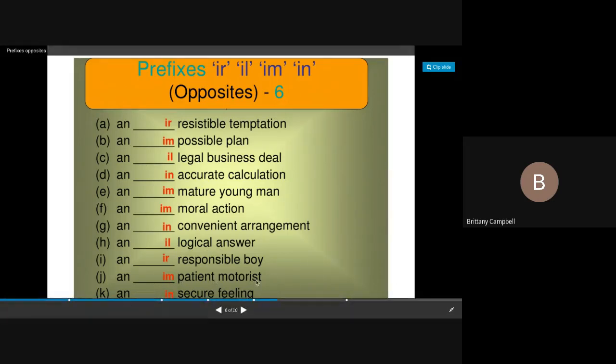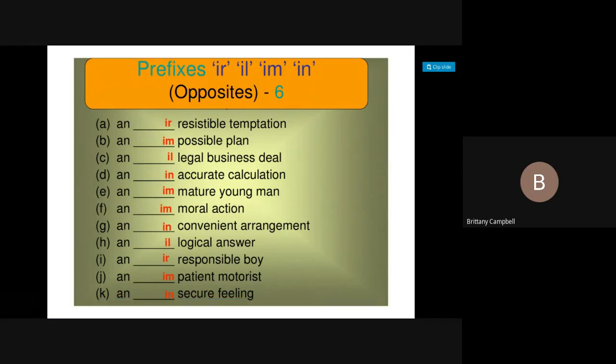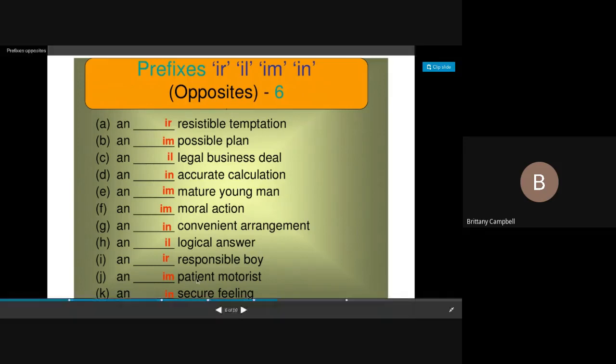Any of us have ever been called impatient? You're just too impatient? All right. Yes. So you just don't have any patience. Yes? You don't want to wait. How about insecure feeling? Insecure feeling, right? So the feeling you're not secure, maybe emotionally, yes?